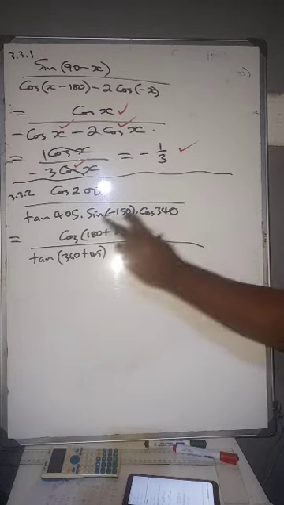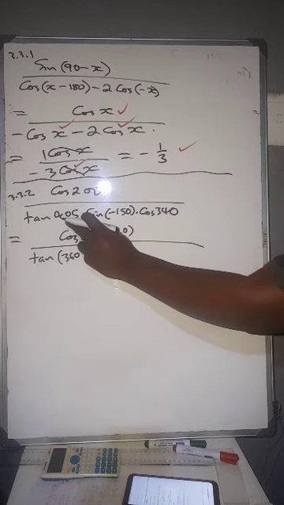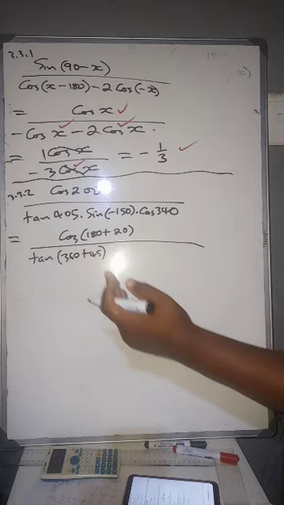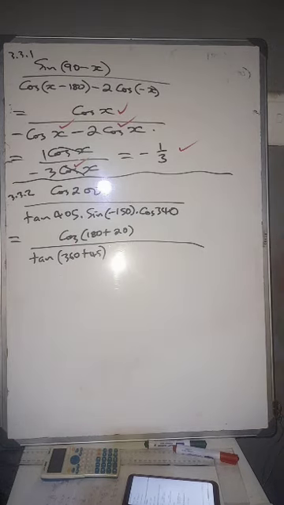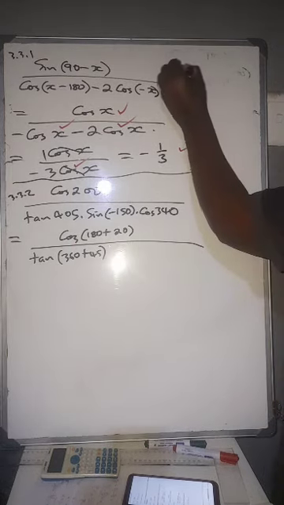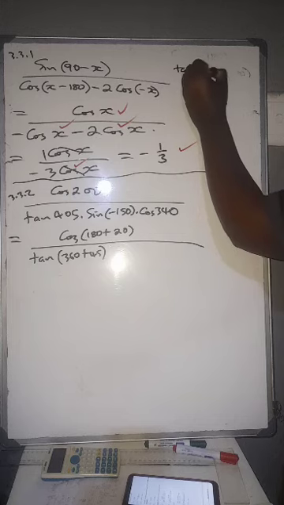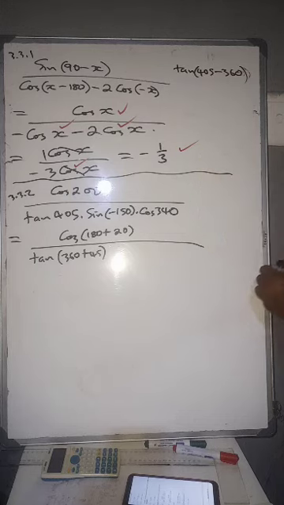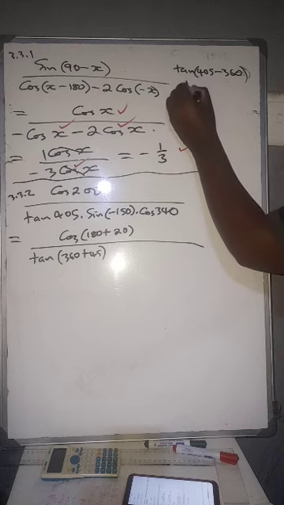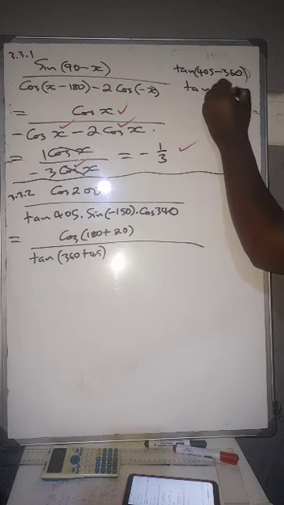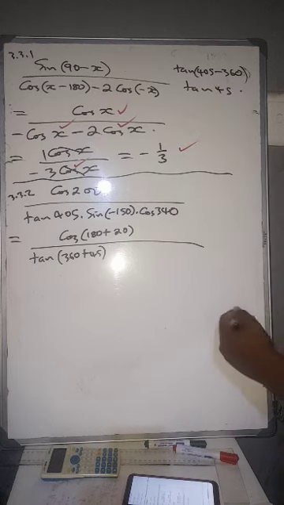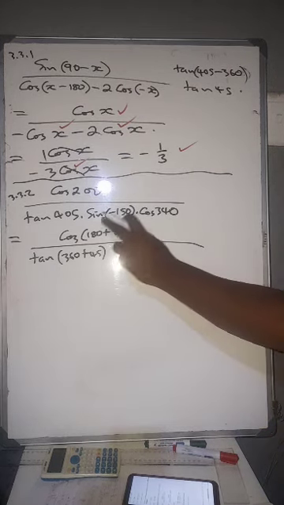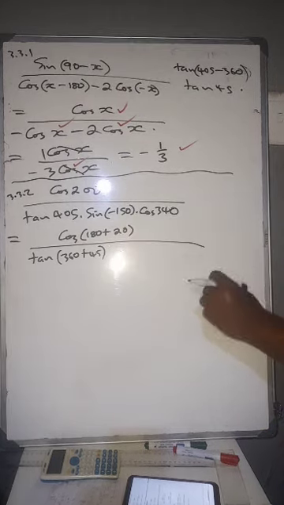Remember that time we said when you have an angle which is greater than 360, we can just subtract 360 from there. So it's tan of 405 minus 360. Then you are left with tan 45 there, something that is more manageable. And this one we have sine of negative 150.